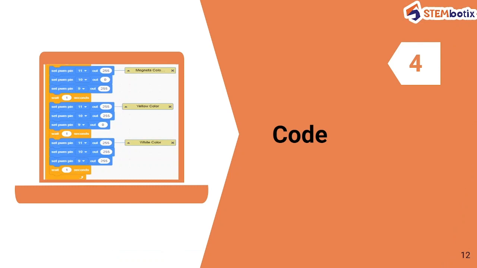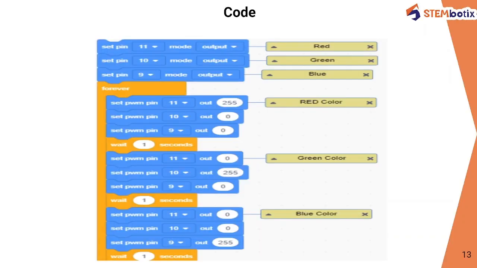Let's see some code. How can we code and control the color of LEDs by using a microcontroller? As usual, first of all, we will define the pin configurations for the RGB LED.